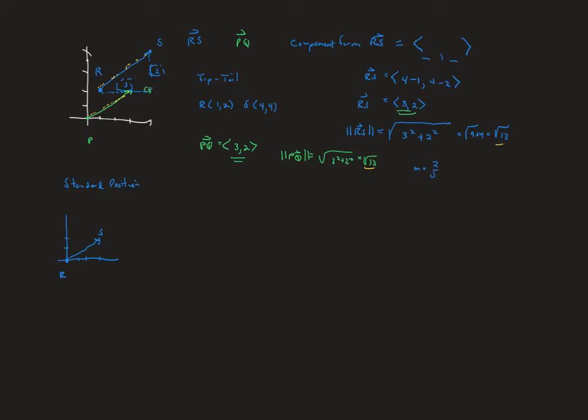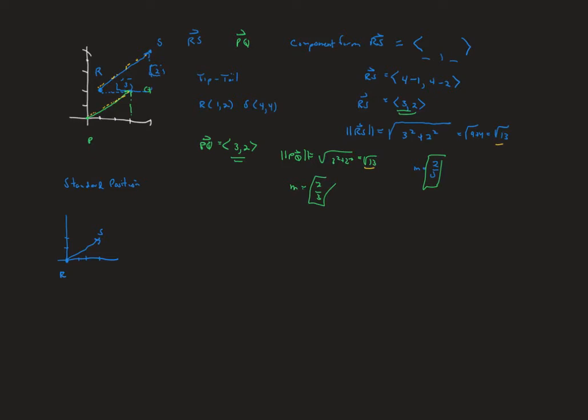And similarly, the slope of our vector PQ is also going to be 2/3. So because they have the same magnitude and the same direction, we would say that PQ and RS are equivalent to each other.